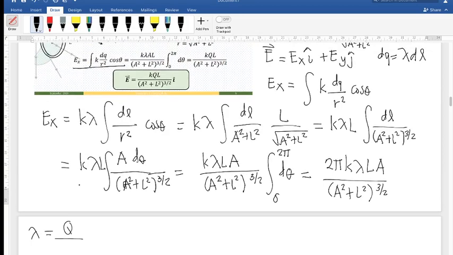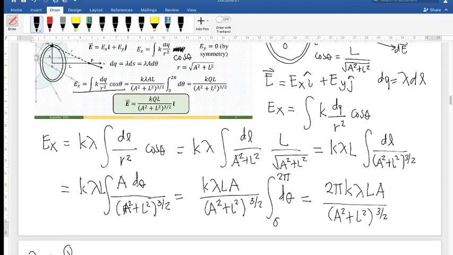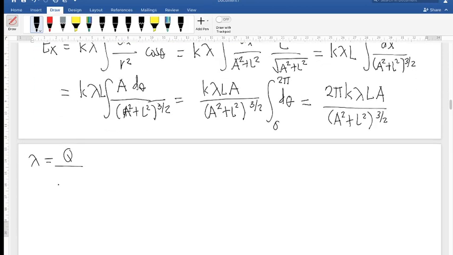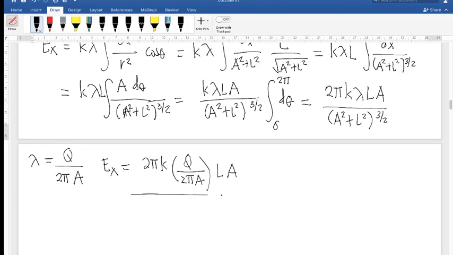The total length of your circle is just the circumference, which is equal to 2 pi a. Substituting lambda into our Ex expression, that is 2 pi k times q over 2 pi a, then L a divided by a squared plus L squared raised to 3 halves.